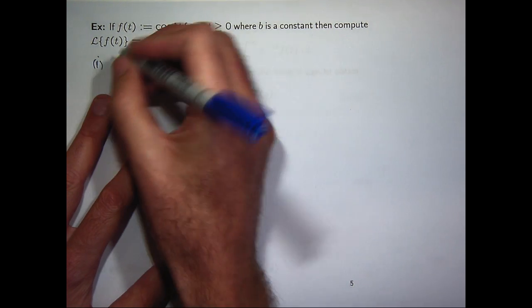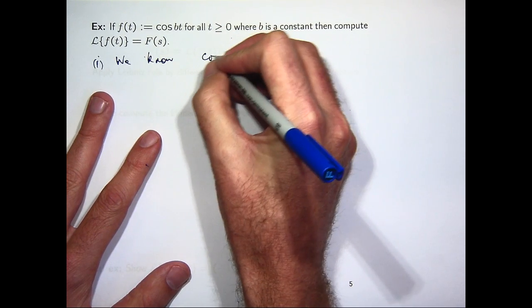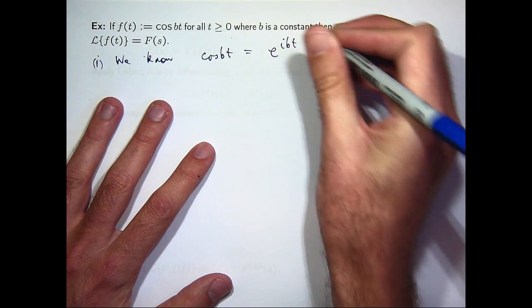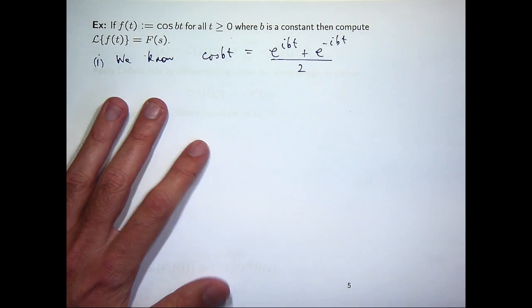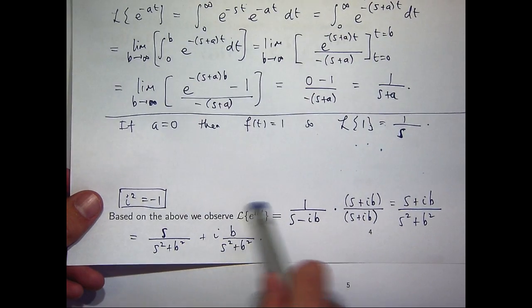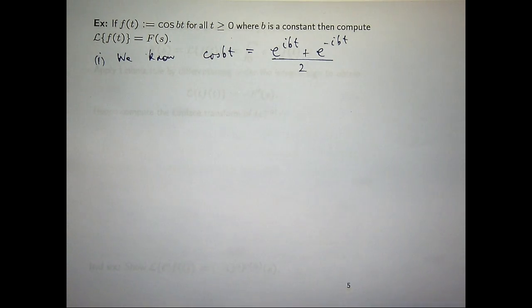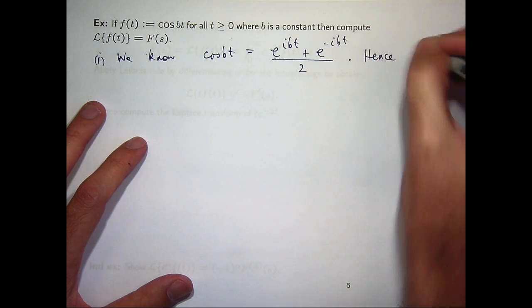Now we know from complex numbers that we learned in first year, I can write cosine bt as e to the ibt plus e to the minus ibt all over 2. Now, what I can do is use what I've just calculated here and take the Laplace transform and hopefully come up with the transform for cosine bt.